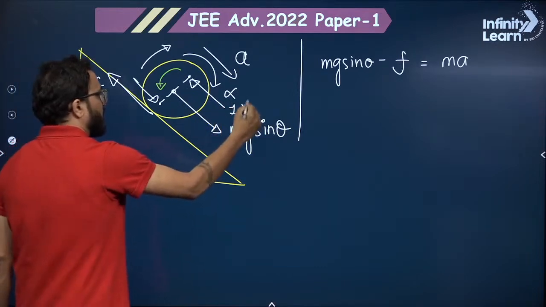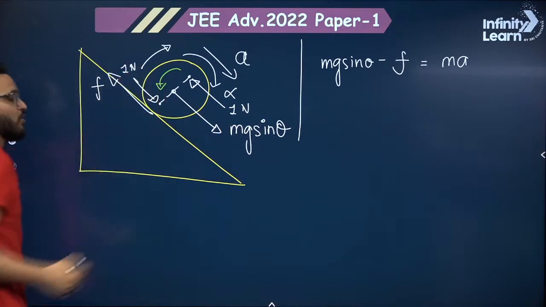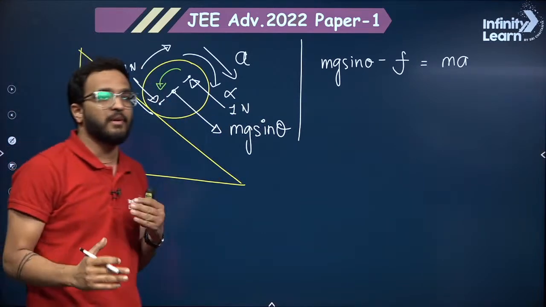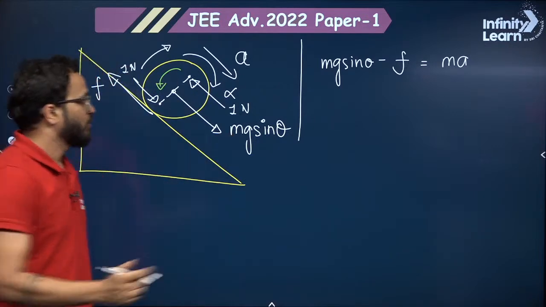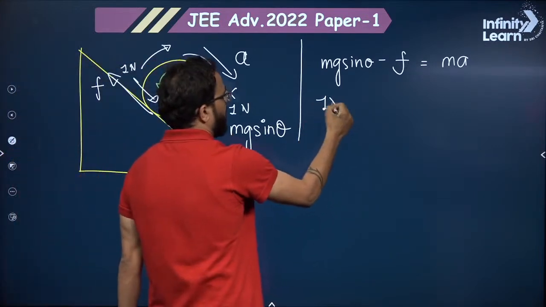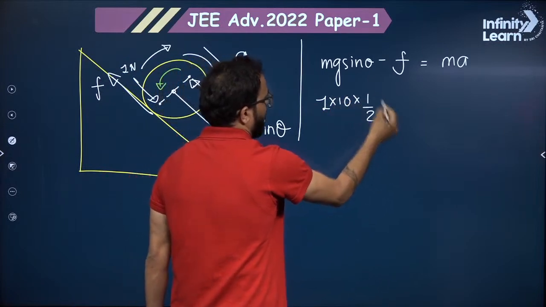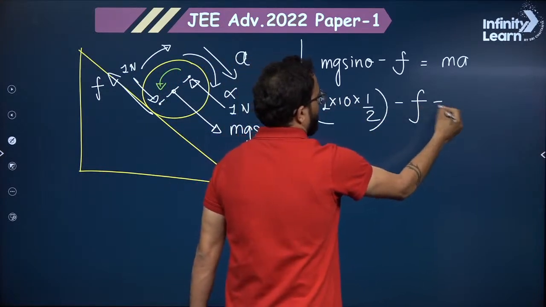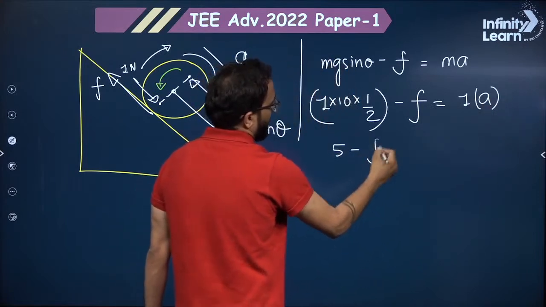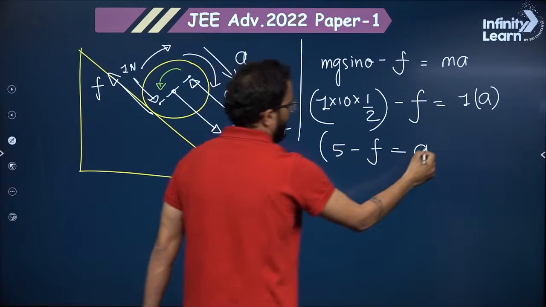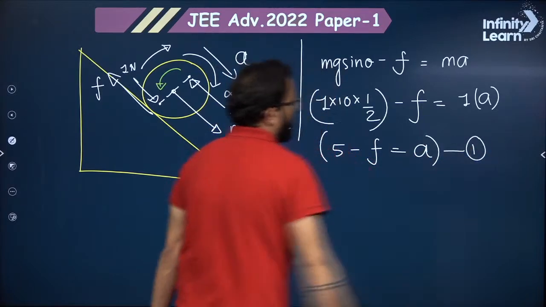Is it clear? So what is mg sine theta? M is 1 into 10 into sine 30 is half, minus friction is equals to 1 into a. So it will be 5 minus f is equals to a. This is equation number 1.